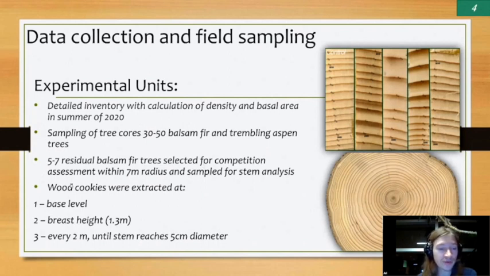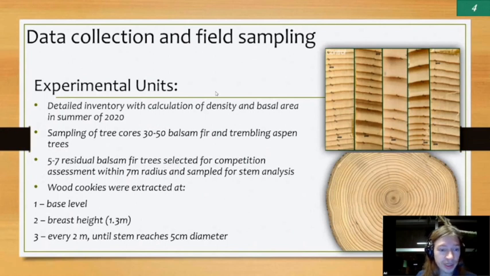And around these selected trees, within the circular patch of a radius of 7 meters, I have assessed the competition. But I will explain further how it was done.